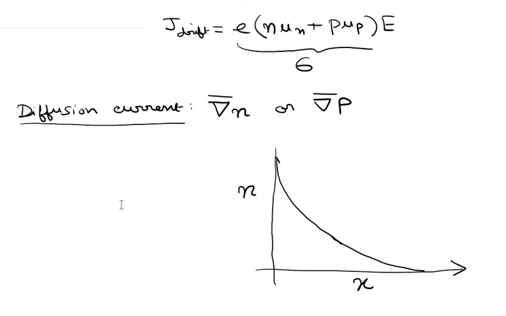In this case, as I stated, the electrons would flow from a point of high concentration to a point of low concentration. So electrons would flow basically in this direction. Now note the direction of the gradient of n, which is basically this.